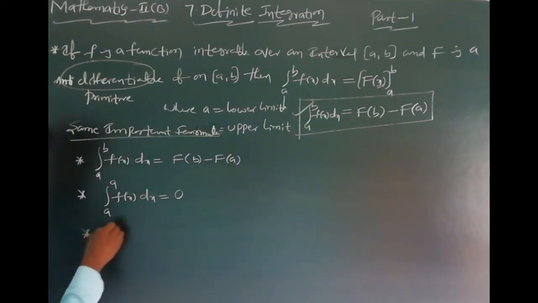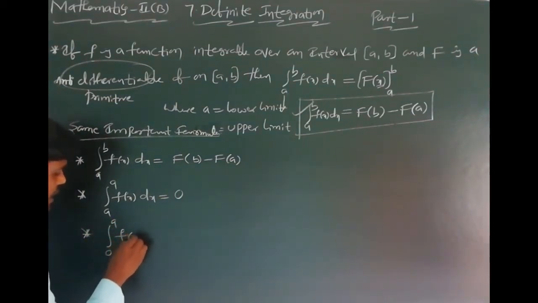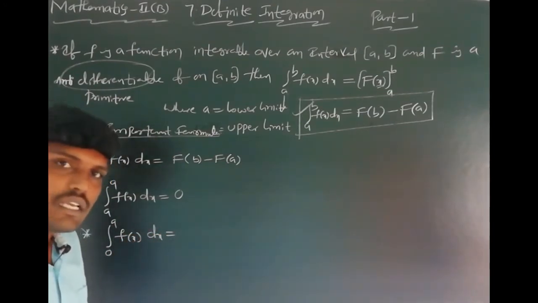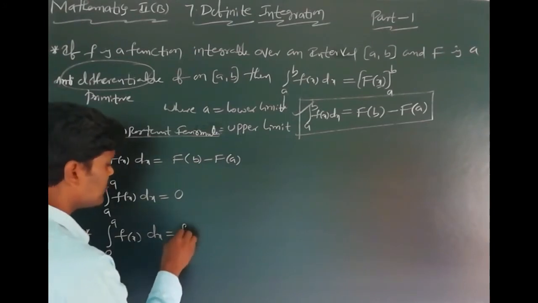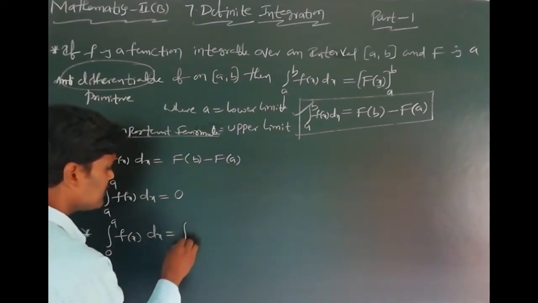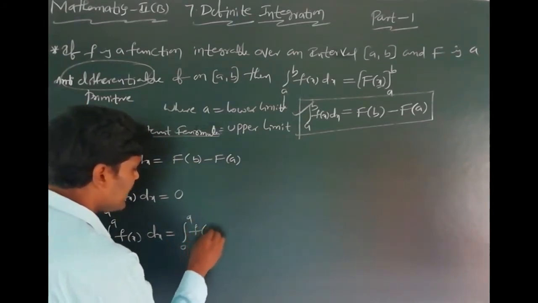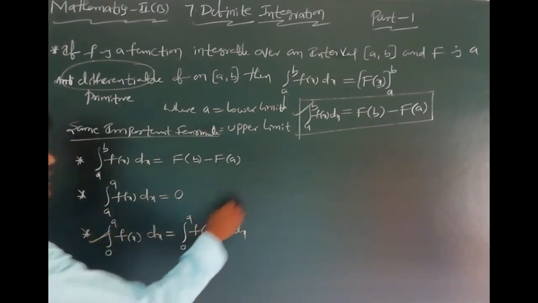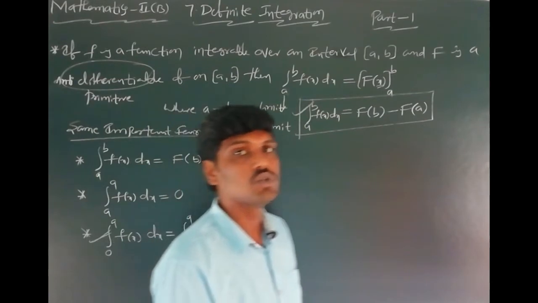After that, integral 0 to a f of x dx is equal to integral 0 to a f of a minus x dx. This is a very important and very useful formula.